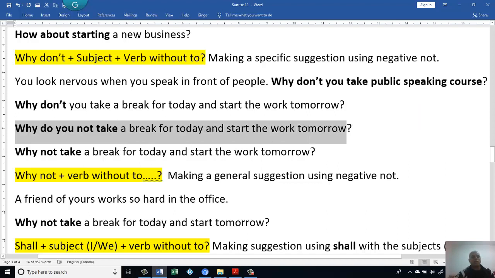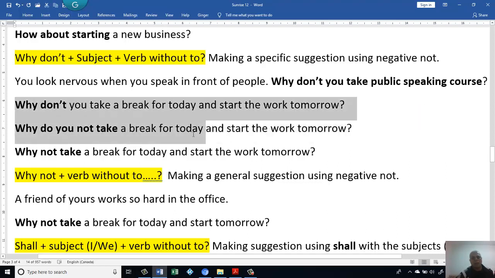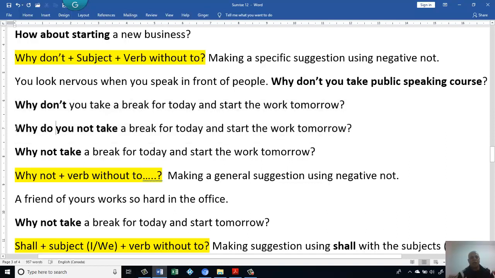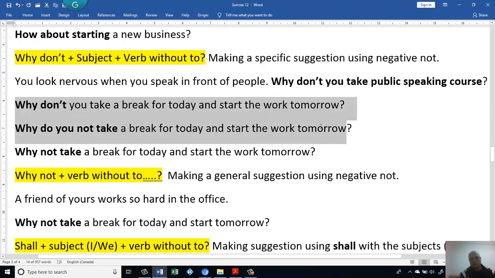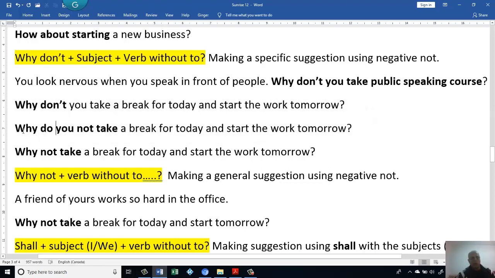If we look at those two sentences, both of them have the same meaning, but the only difference between the two is the attitude of the speaker. Maybe the speaker is a little angry in the second one, when you say, why do you not take a break?